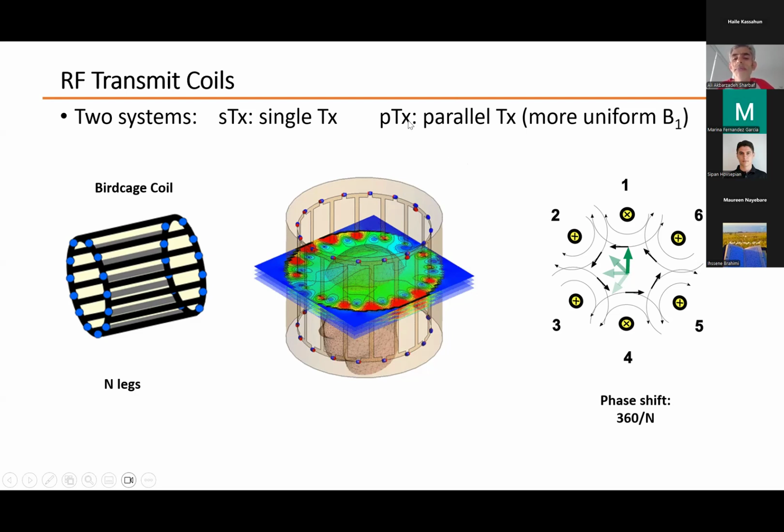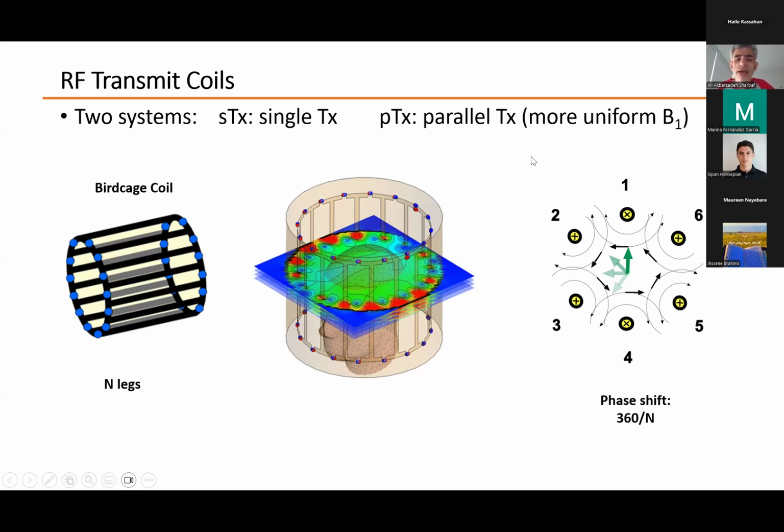The other system is PTX, or parallel transmit. In this case, we have multiple outputs coming from the MRI machine, and it allows us to have a more uniform B1 field.